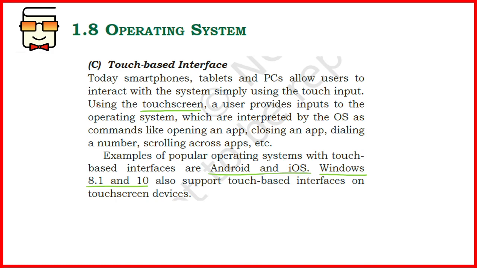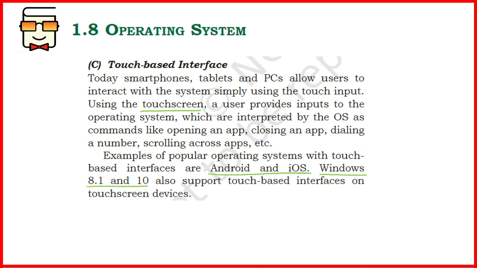Okay, and these are available in operating systems like Android or iOS, and even in computer systems that run Windows 8.1 and above, touchscreens are available. So you can purchase computer systems or laptops which have touchscreen display screens.